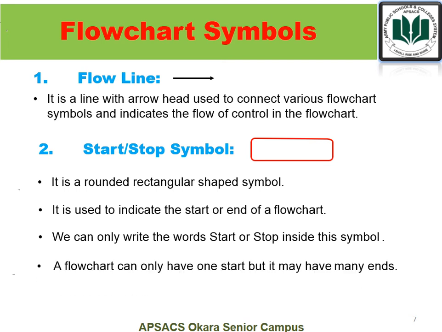A flowchart can have only one start symbol, and you can use as many stop symbols as you want.